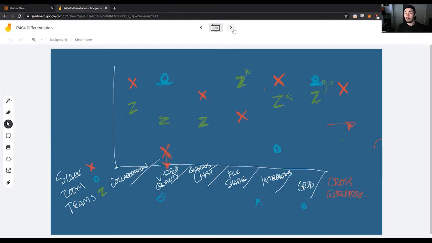If I'm okay with the level of collaboration, and this goes back to where is my threshold, if I'm okay having a subpar collaborative experience, and I don't care about this cross-enterprise thing, I'm just focused on providing collaboration tools for my business internally, maybe I go with Teams.